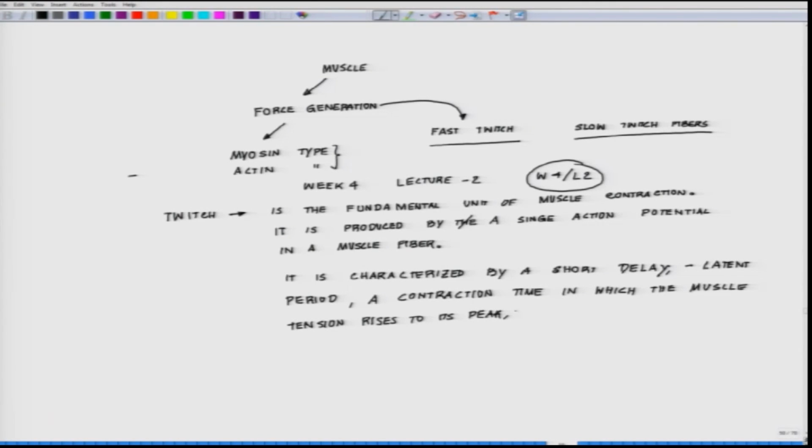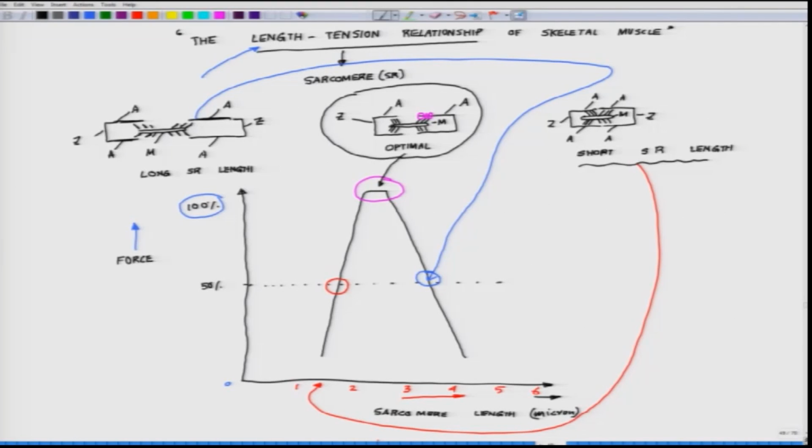Okay. And a relaxation time in which tension returns to the baseline. Now, does that remind you of something? Rises up.